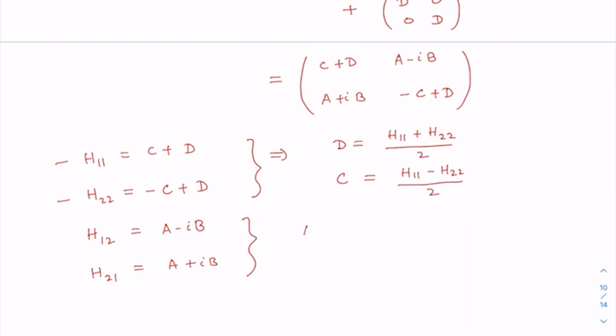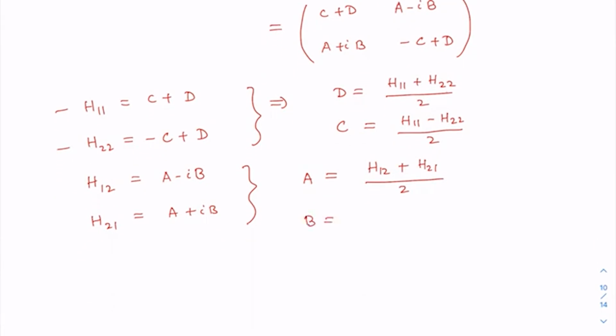Again, from here you will get A, if you sum them up, as H12 plus H21 divided by 2, and B you will get as H21 minus H12 by 2i, or I can also write it as minus i by 2 times (H21 minus H12). If I take the minus inside, I will have H12 minus H21. So this is what I will get.